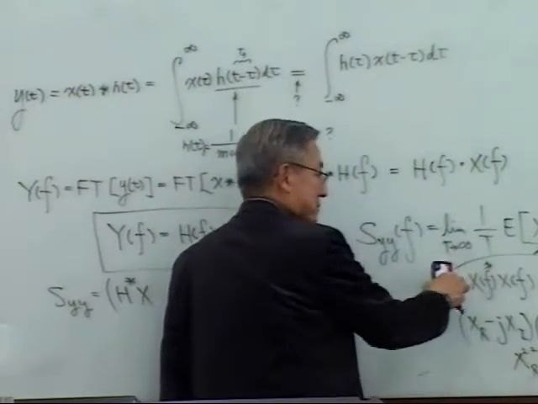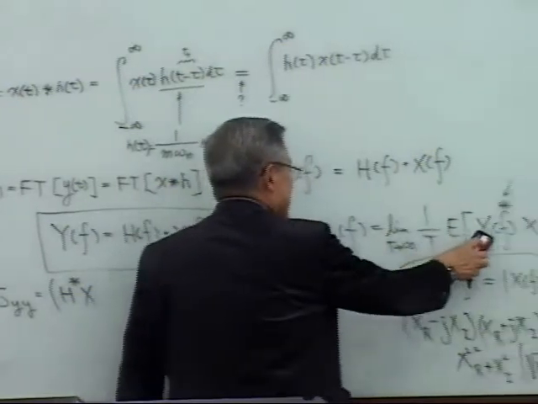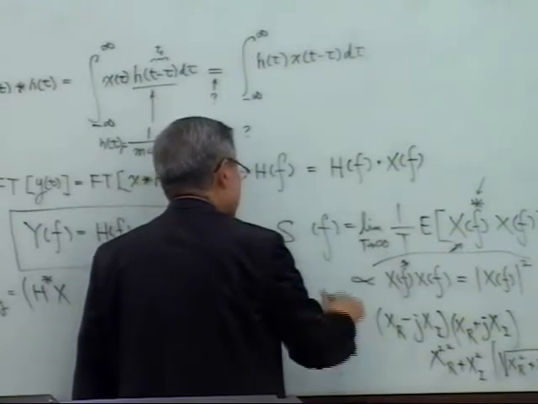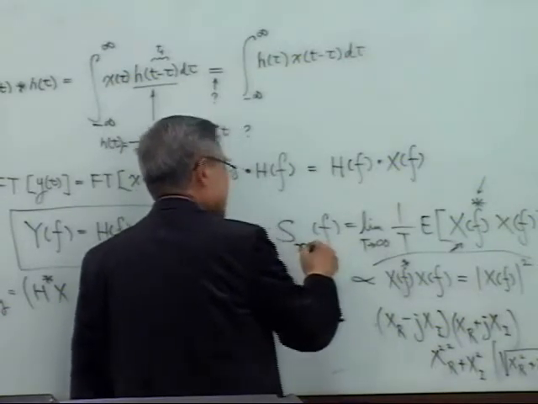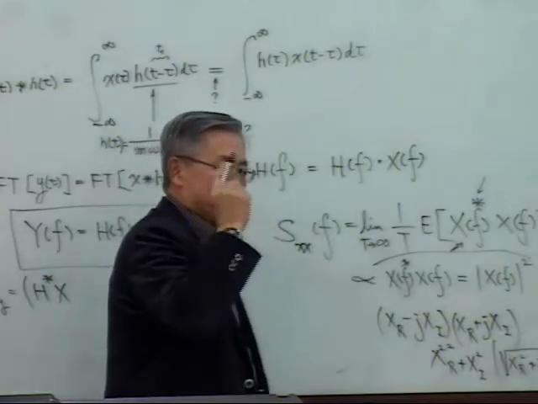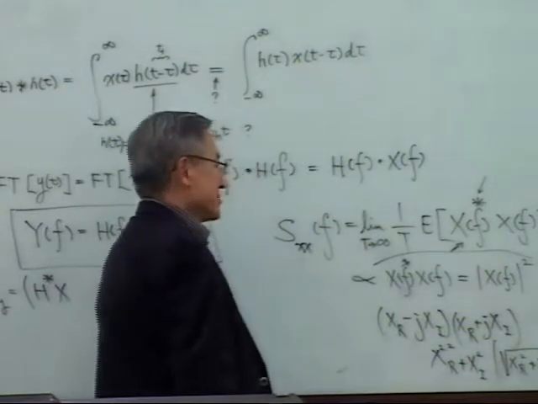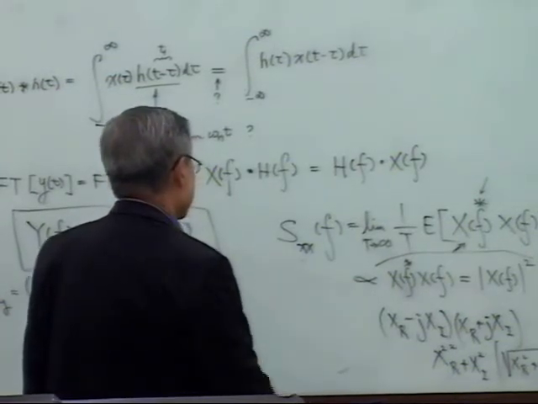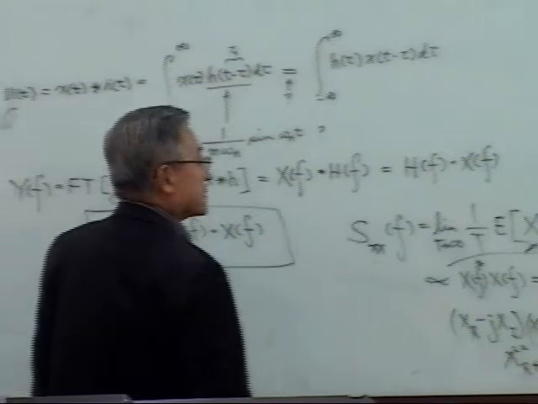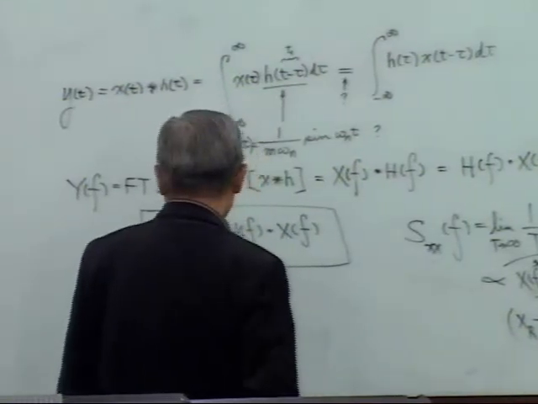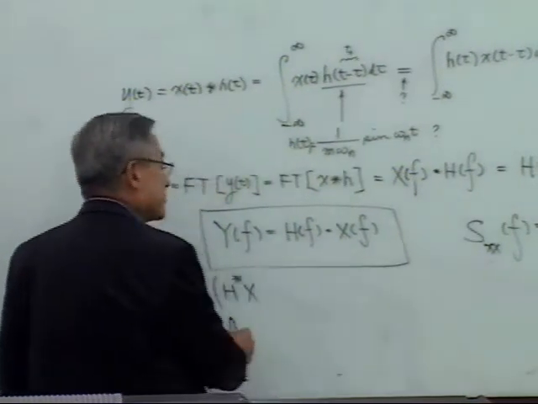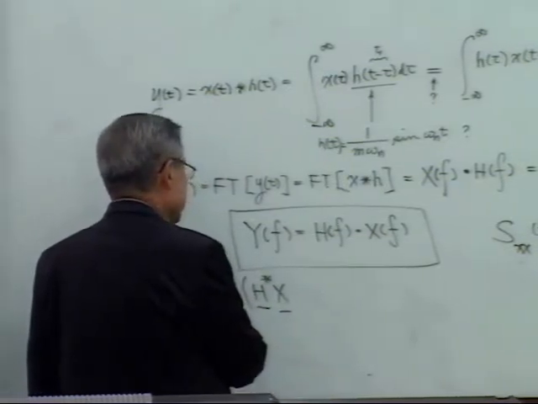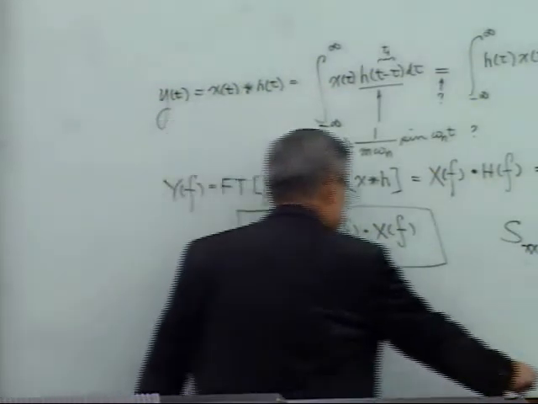If I put the x here, this should be XX. So be careful. You can screw up very easily here. So that's S_XX, correct? When you introduce h here to the x, then that becomes the y here.